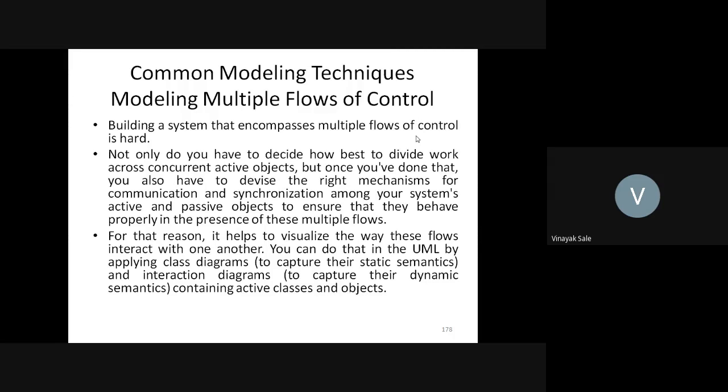For that reason, it helps to visualize the way these flows interact with one another. You can do that in the UML by applying class diagrams and interaction diagrams containing active classes and objects.